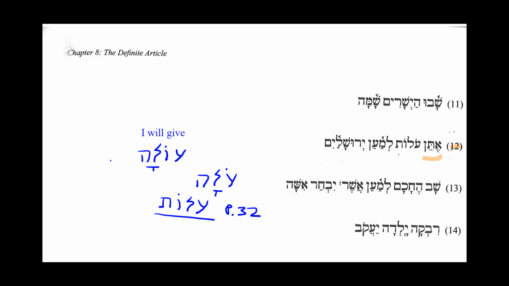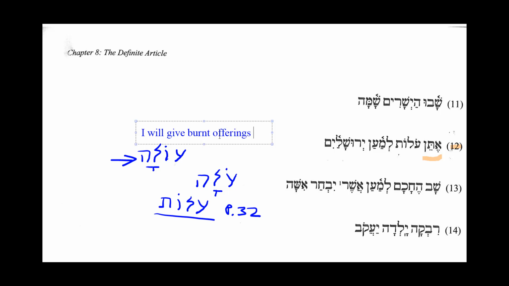What you'll see is this word on page 32, and then it gives us other information in relation to that word. So we have olot, that's a plural, and it means burnt offering. So I will give burnt offerings, or maybe more properly, whole burnt offerings.